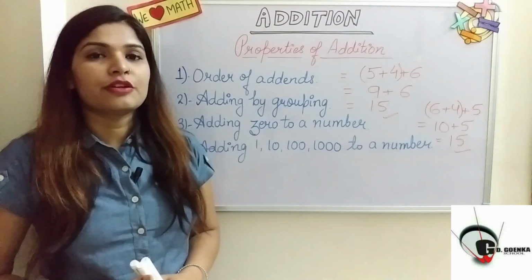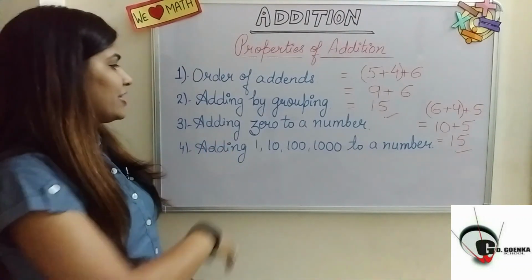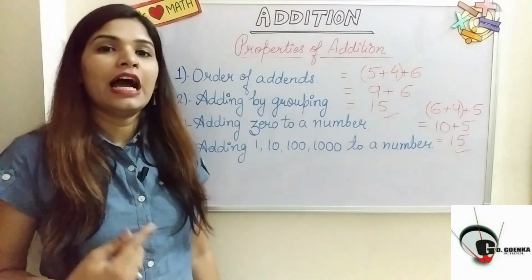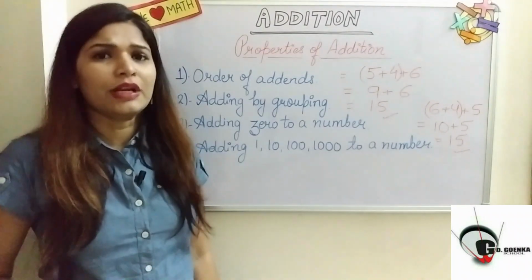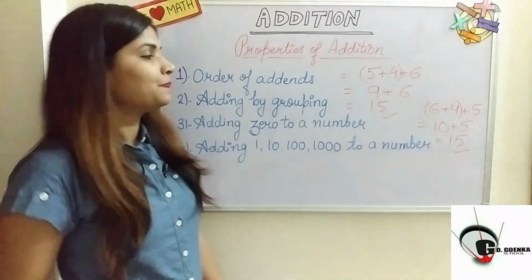So in this video children, we are going to learn about two more properties of addition, that is adding 0 to a number, or adding 1, 10, 100, 1000 and so on to a large number. Yes, so let us see.